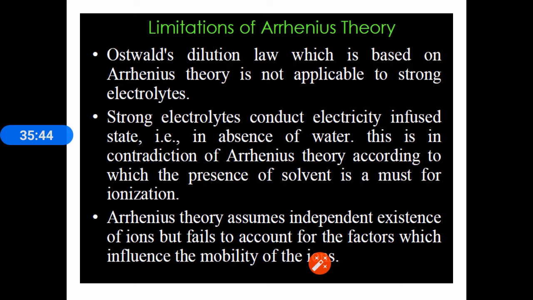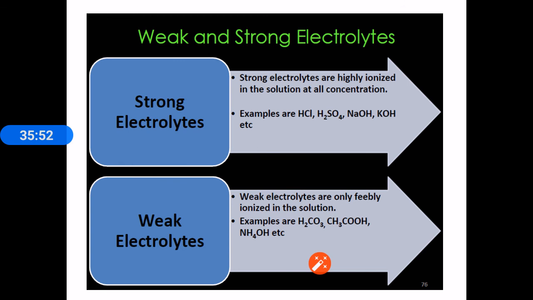So in the presence of water, they are undergoing dissociation rather than ionization in the case of strong electrolytes. And strong electrolytes are the electrolytes which are highly ionized in solution. Example: HCl, H2SO4, like that. Weak electrolytes undergo less dissociation.